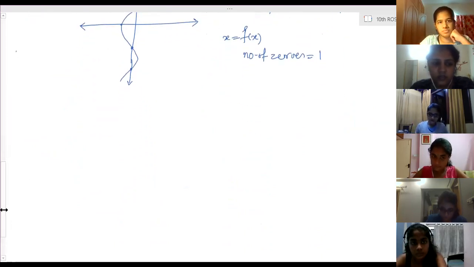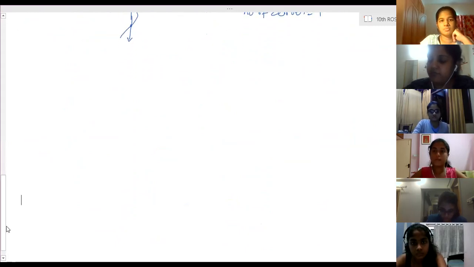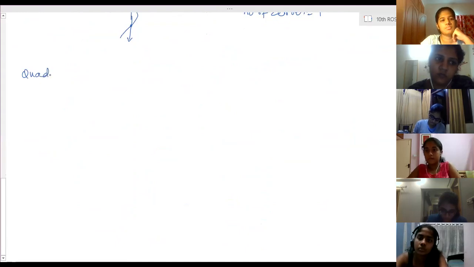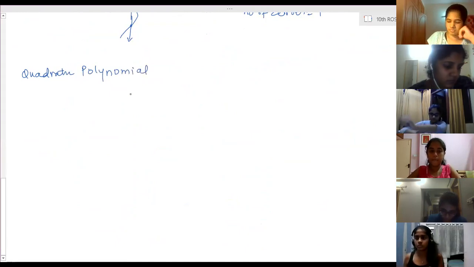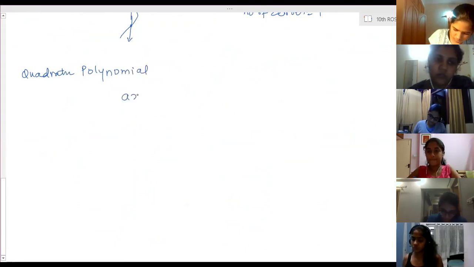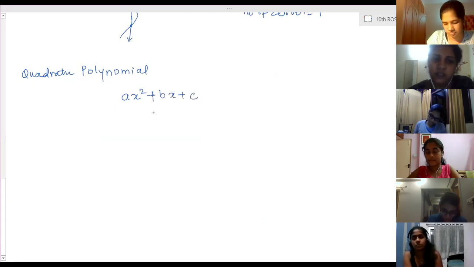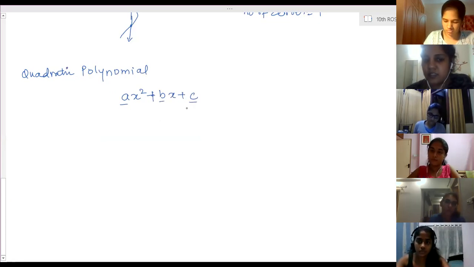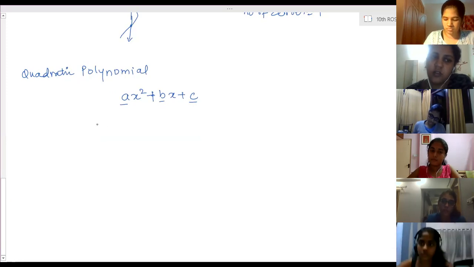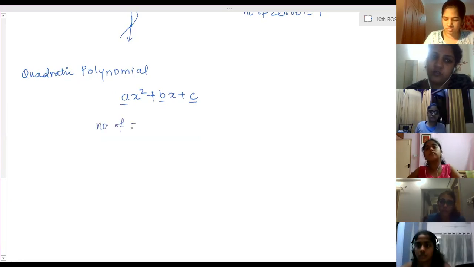The next is the quadratic polynomial in detail. ax square plus bx plus c. This is a quadratic polynomial, the general form. a, b, and c are the coefficients. Number of zeros.